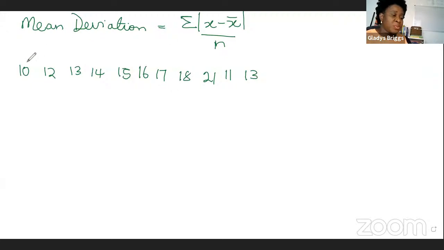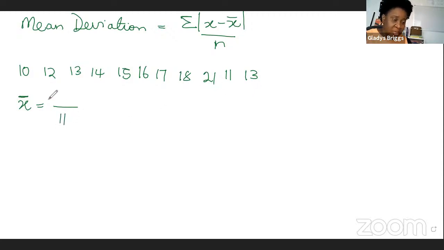And you want to work out the mean deviation of this data. The first thing that you want to do is find out the arithmetic mean, okay? X bar. You've done this in topic 6 probably. So you work out your X bar, you add them all up and divide it by the number of data. The number of data is 11.